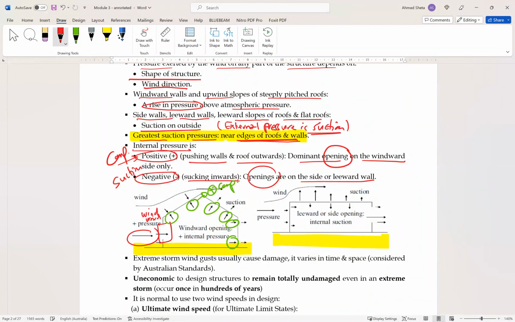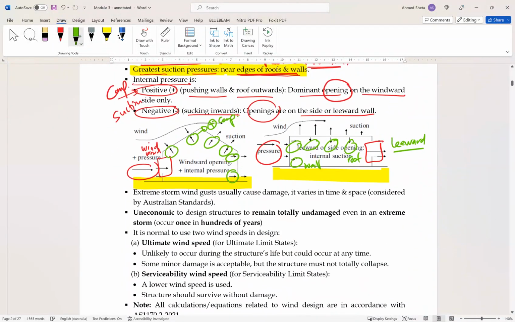The other case: if you see the wind direction here, and the opening here in the leeward wall, there is suction on the wall and suction also on the roof. So this is some explanation of the direction of the internal pressures.